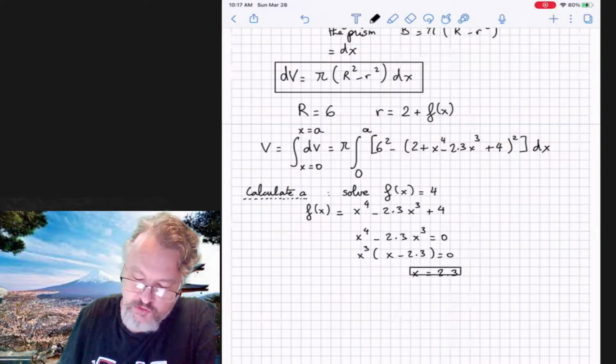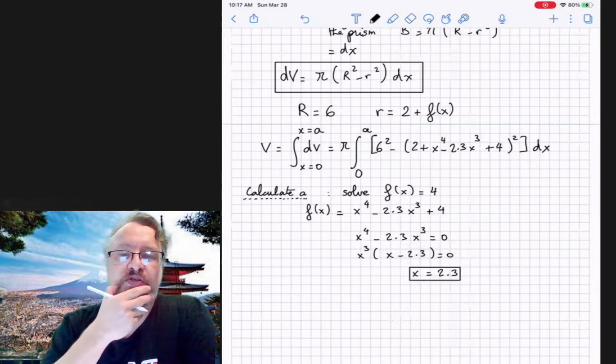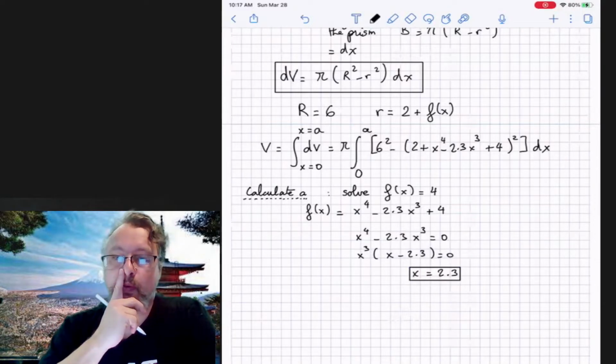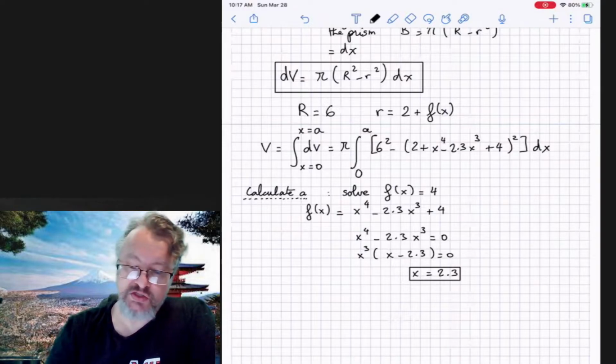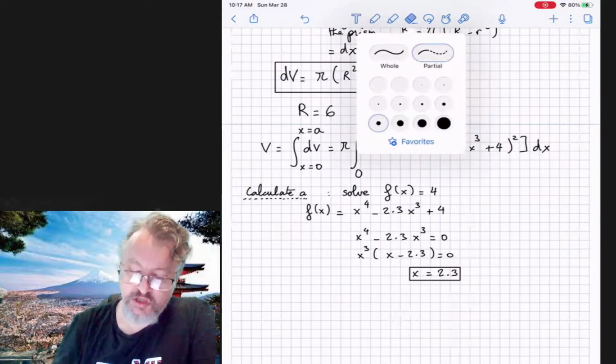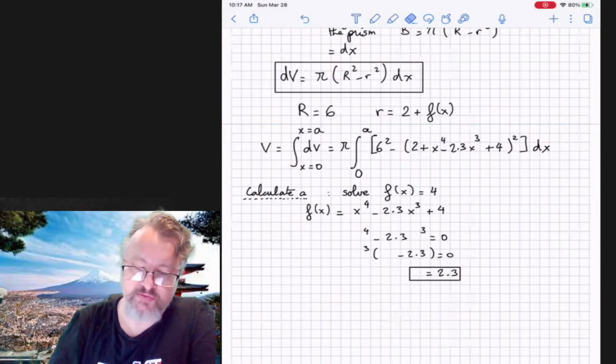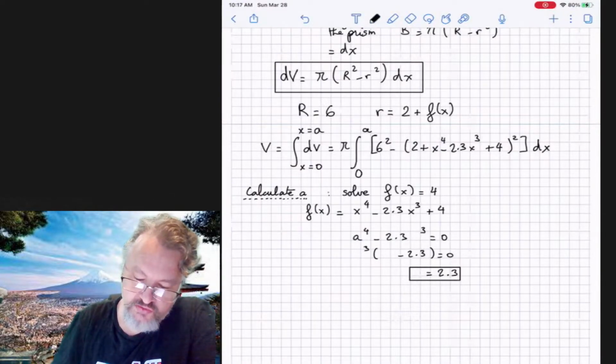Okay, simple. Now, if that was not a nice, easy to solve problem like this, then what we would be doing is using our calculator to do that. Now, instead of x right here, I need to write a, because that's what we're looking for. This is true for only a specific value of a, which is the intersection.